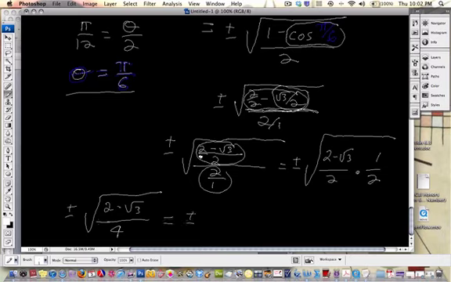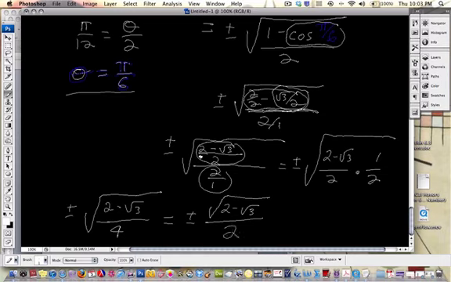And you can simplify that by saying square root of the numerator over square root of the denominator, square root of 4. Square root of 4, I can more simply write as 2.